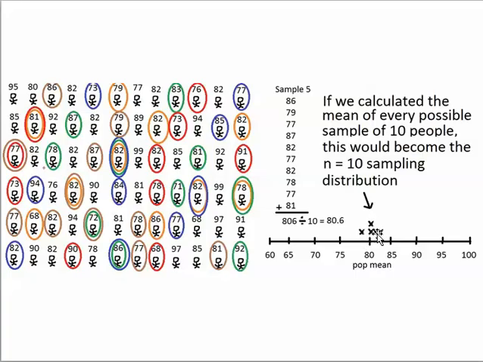When the sampling distribution has high dispersion, meaning the possible samples have sample means that are spread out far away from each other, then the standard error is high. If the possible samples have sample means that are really close to each other, like we see here, the standard error is low. We'll talk more about that a little bit later.